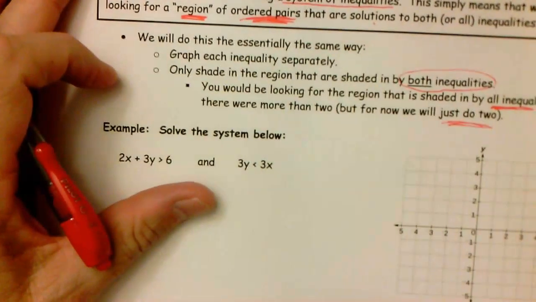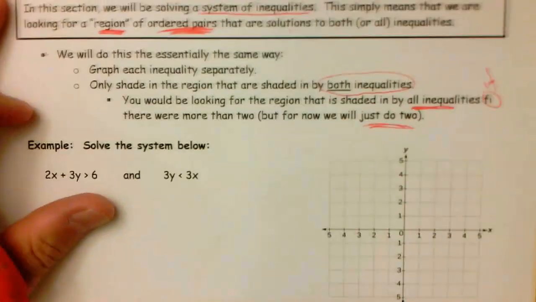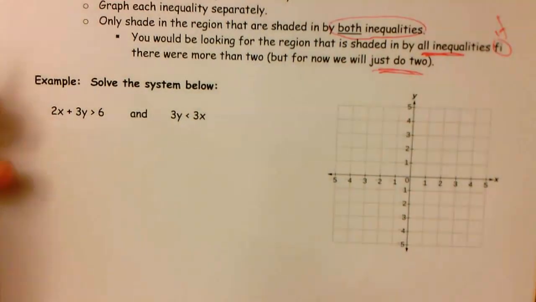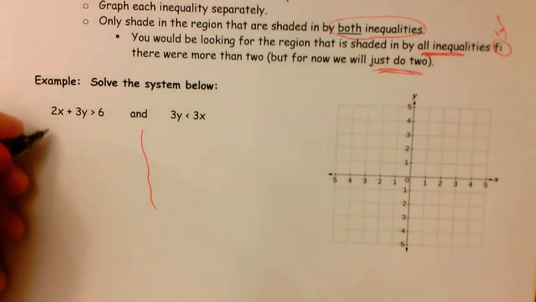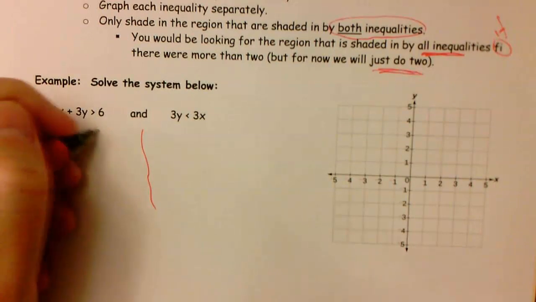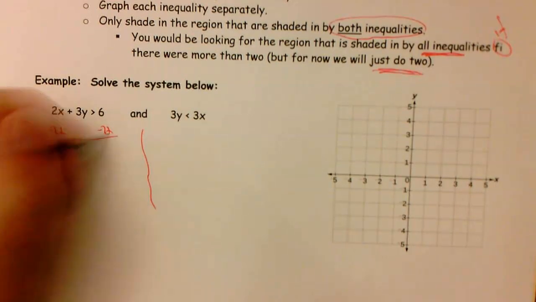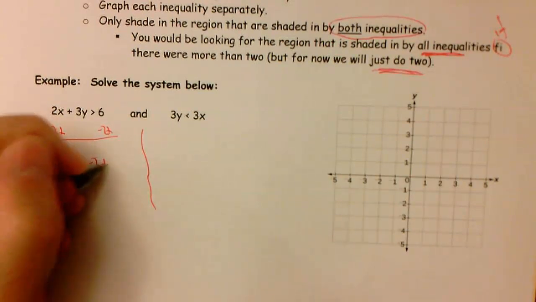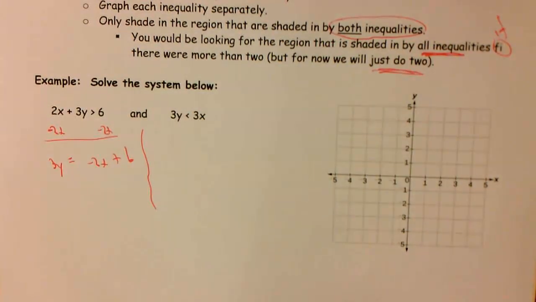So let me do a quick example for you. This has one good point to it, and then we'll be done. So if I wanted to graph this system of inequalities, I might first get it into slope-intercept form by subtracting 2x from both sides, giving me 3y equals negative 2x plus 6.